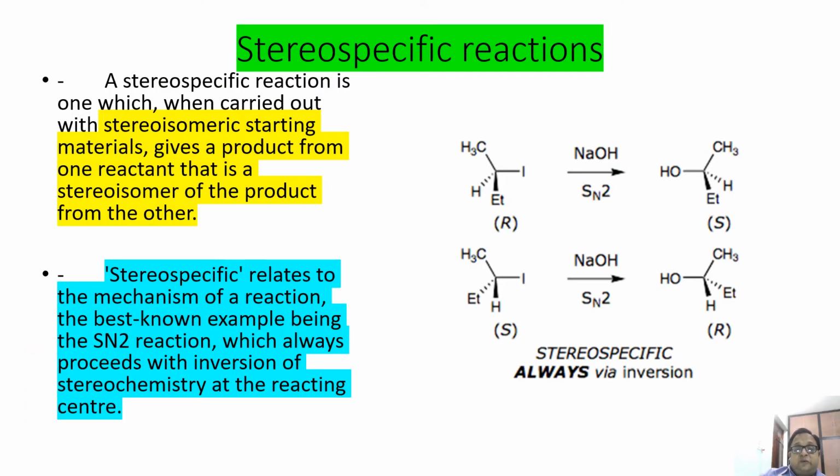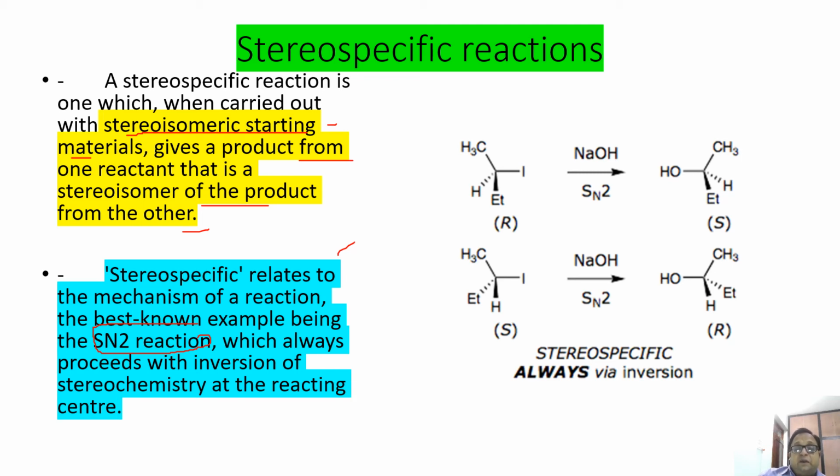So let's see a stereospecific reaction. A stereospecific reaction is one which, when carried out with stereoisomeric starting materials, gives a product from one reactant that is a stereoisomer of the product from another. Stereospecific relates to the mechanism of a reaction, and the best known example is the SN2 reaction, which always proceeds with inversion of the stereochemistry at the reacting center.